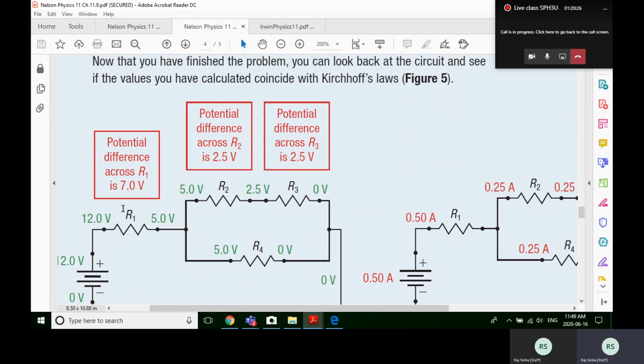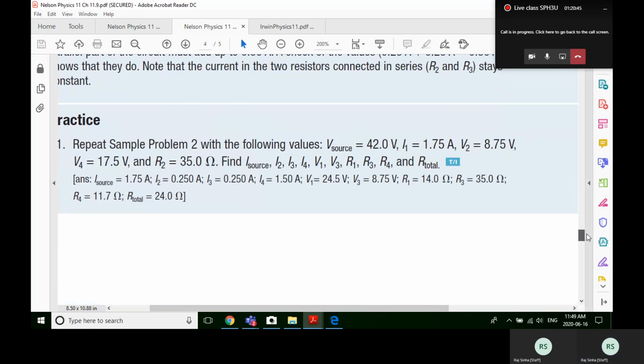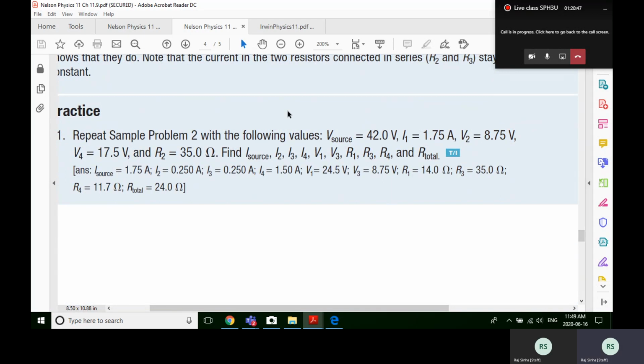I think you just need to know that it loses 7 here, loses 2.5 here, loses 2.5 here, right? It would lose 5 volts down here, right? I find that more useful than showing all the individual voltages at each point, because we don't measure voltages at each point. All right, but again, there's some practice and all the answers are given there.